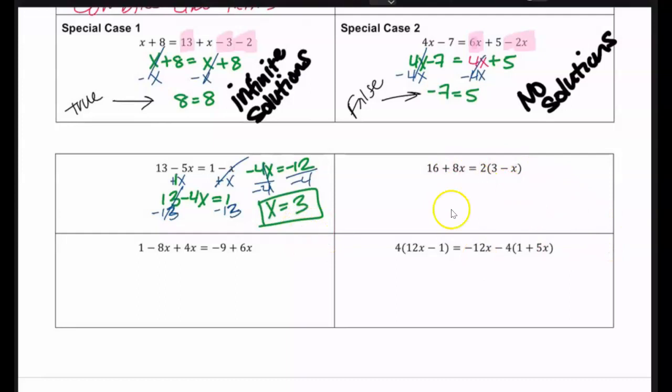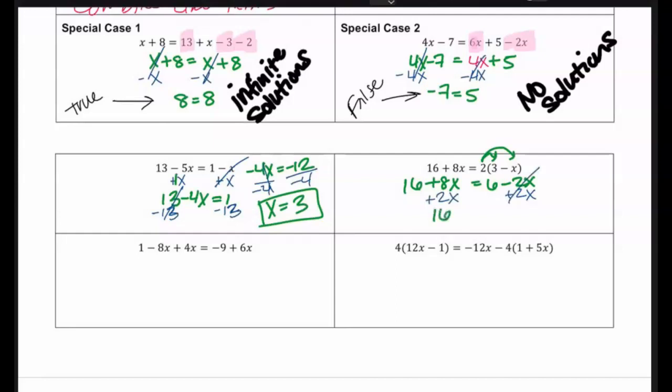This one is a two-step with distribution. So you should know that you first start with distribution. So 2 times 3 is 6. 2 times negative x is negative 2x. First up is move my x to the left side by doing inverse operations. Opposite of negative 2x is positive 2x, or plus 2x.